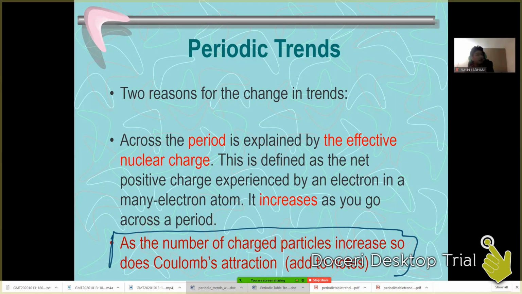So that means the electrons would be held tighter by the protons. So I'm going to give y'all a couple of minutes to add that to your notes. This part right here in parentheses, you don't need to add that. It just says add to notes, as in you need to add them to your notes.